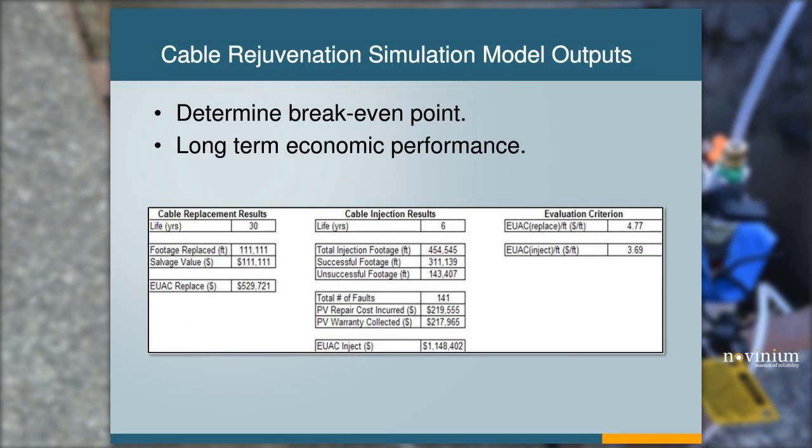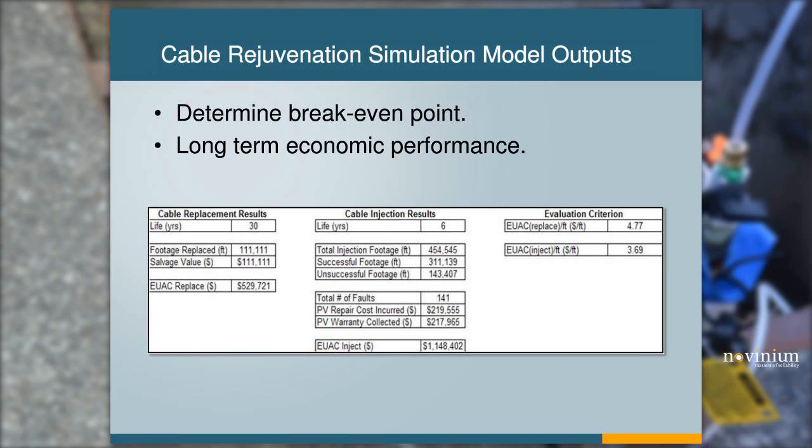Here are the outputs. You see the output on the far left for our cable replacement results. In the middle for our injection results, we have how much footage we could possibly get for that dollar. We have our successful footage that comes out of all from the abandoned cable, the unsuccessful attempts up front, to the faulted cable. So we're subtracting all that out.